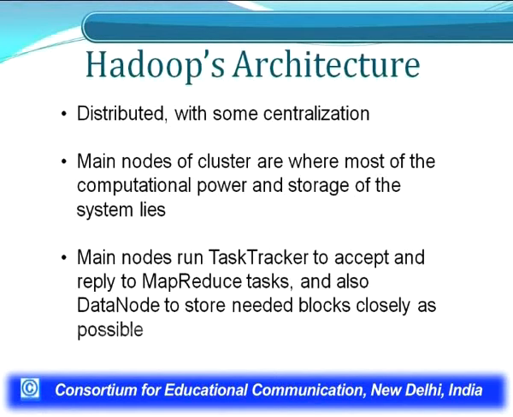The main nodes of the cluster are where most of the computational power and storage of the system lies. The main nodes run task tracker to accept and reply to MapReduce tasks, and also data node to store needed blocks as closely as possible.